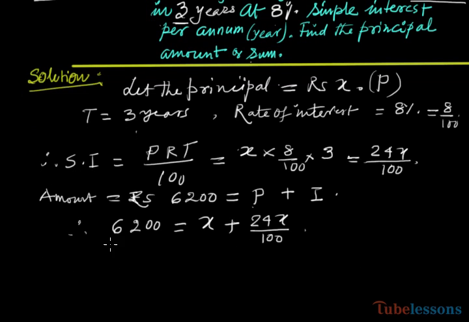So now if we multiply 100 in each term, we get 6200 into 100 is equal to 100x plus 24x.